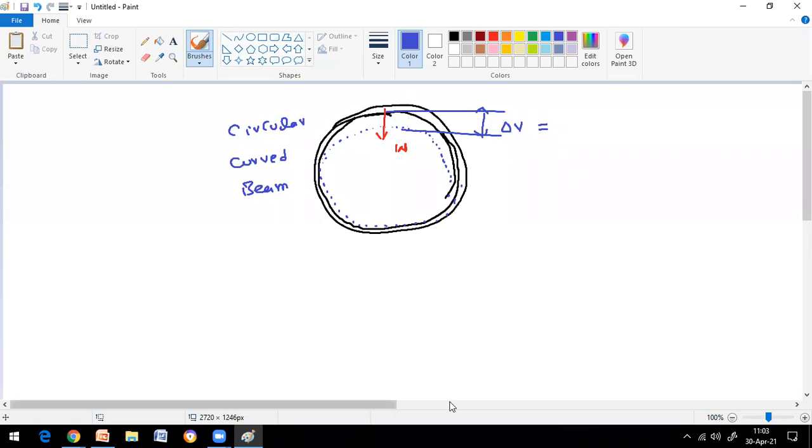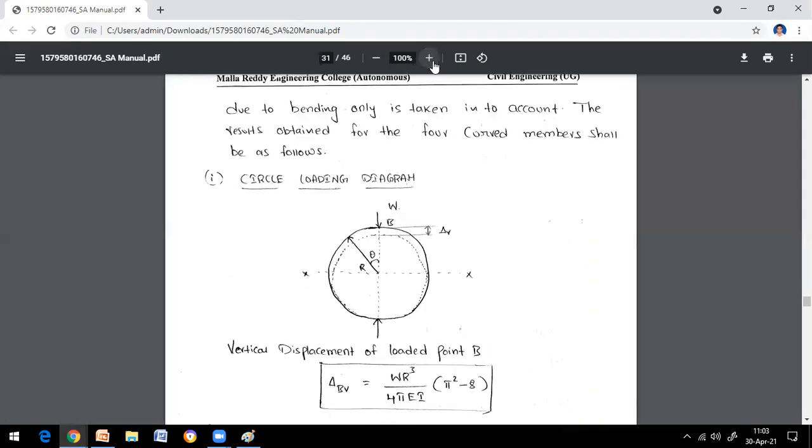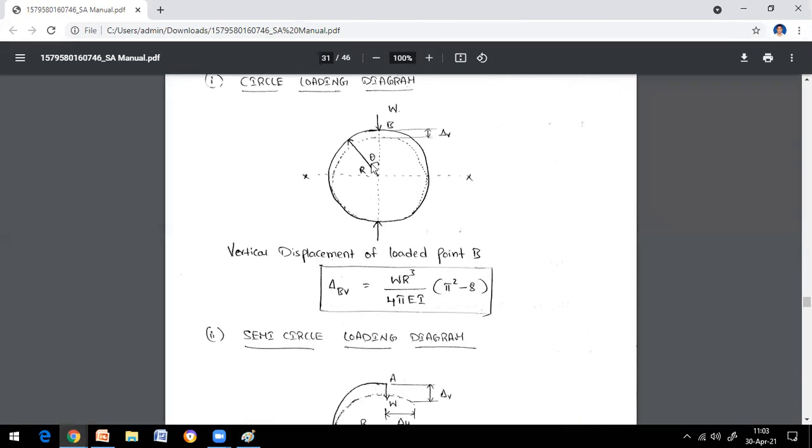What is this delta V? That delta V is nothing but W R cube by 4 pi EI of pi square minus 8. Here, see clearly, W is the load. And R is the radius of the circular beam.